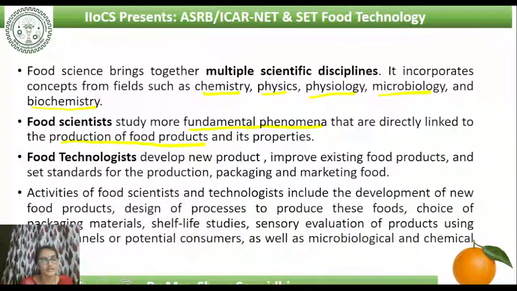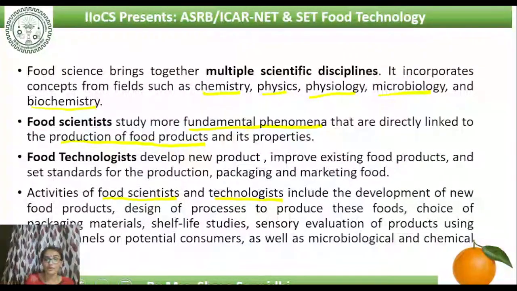So a food technologist, as I told you before, will develop a new product, improve the existing one, and then set standards for the production, packaging, and marketing of food. Okay, let us see the combined activities of food scientists as well as food technologists. This includes development of the new food products, designing of processes to produce these food products, then choice of packaging material.